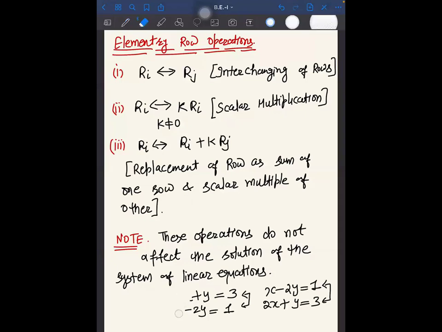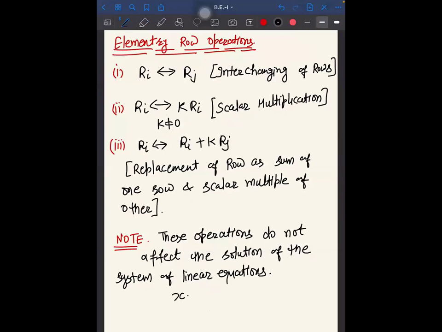Yes. Similarly, if you have this equation, let's say x minus y is equal to 7, and if you have this equation, are these two equations the same or different? It's the same. Right.